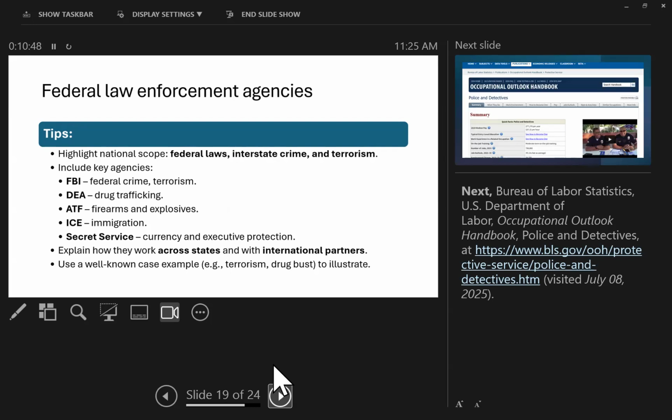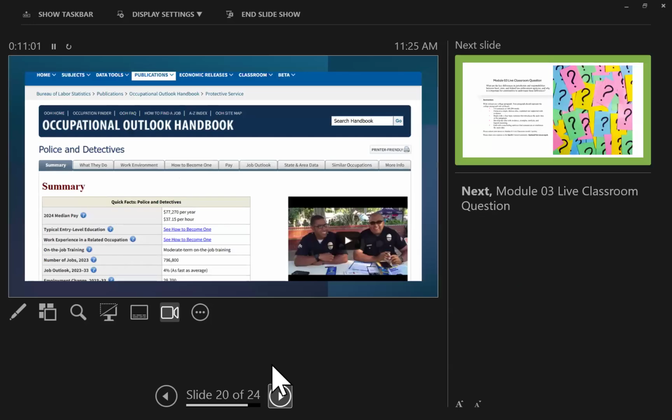Now, many of you are considering entering the criminal justice system. And some might be thinking about being a police officer. I'd like to share this information with you. It's the Occupational Outlook Handbook. And you can see the median pay for a police officer, number of people they'll need.